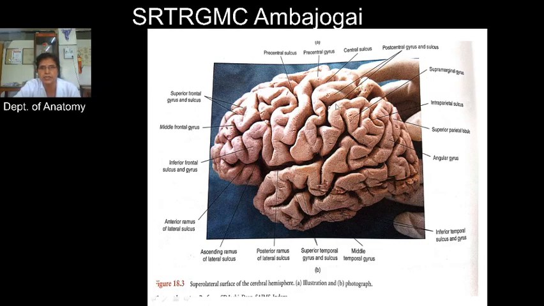Then here is the intraparietal sulcus and the superior and inferior parietal lobules, and in the occipital lobe there is the lunate sulcus. Then here is the angular gyrus and the supramarginal gyrus, which is present around the upturned end of the posterior ramus of the lateral sulcus.